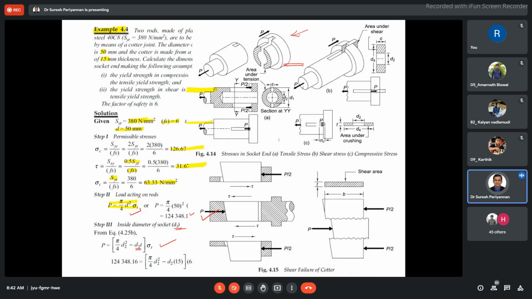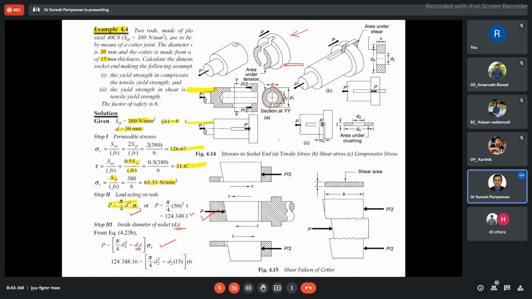This area we have to subtract. That is the tensile stress acting in the socket end.